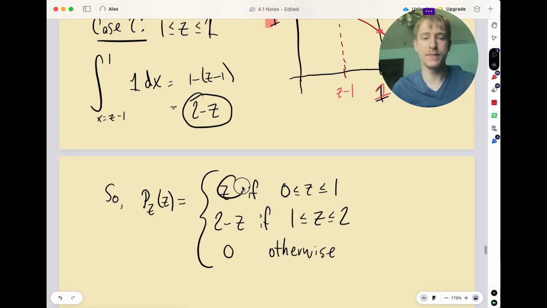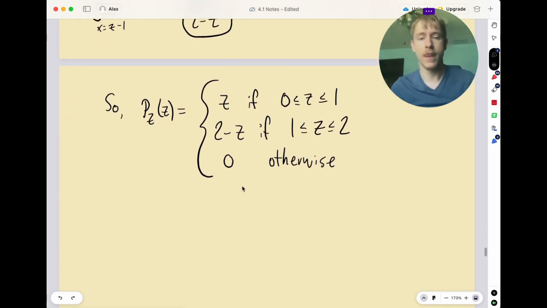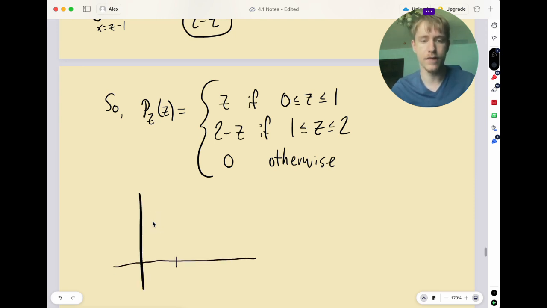And if you graph this PDF, you're going to get that it's a triangular region, which kind of makes sense. Okay, so a graph of the PDF is going to look something like this. So it's going to start off looking like this, and it's going to peak, and then it's going to go back down. Okay, so why does that make sense?